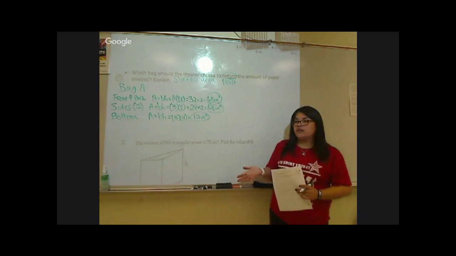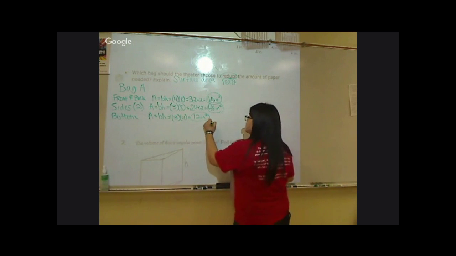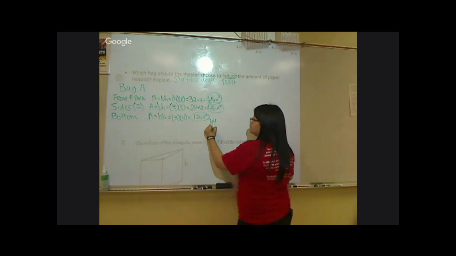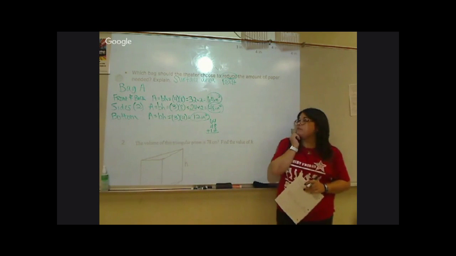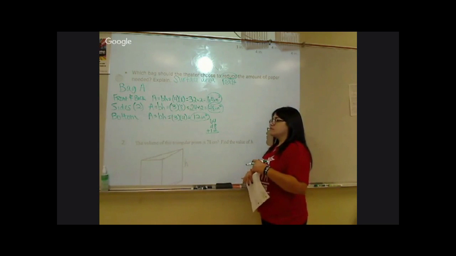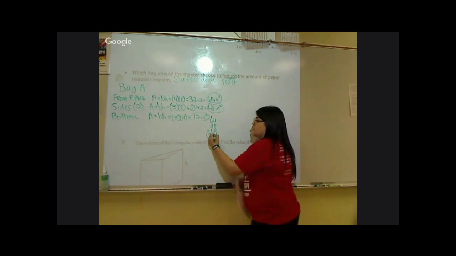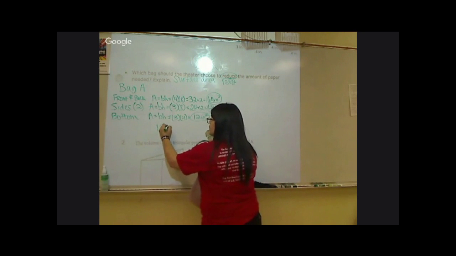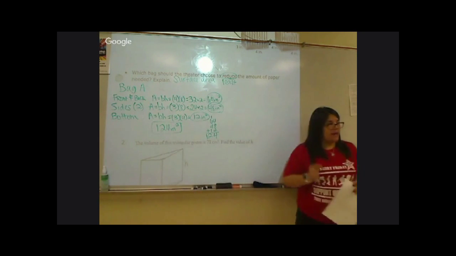How do we figure out the total amount of paper? We add it all up. So we need to take our 64, our 48, and our 12 and add that all up. We do get 124 square inches of paper to make that bag.